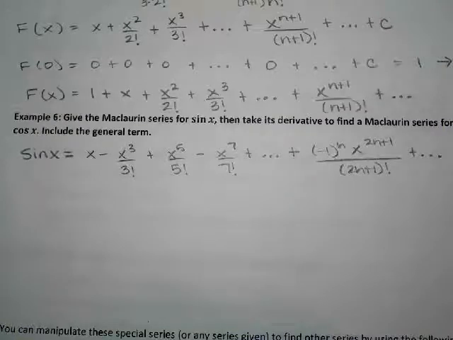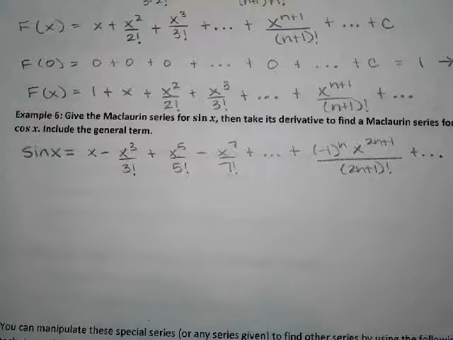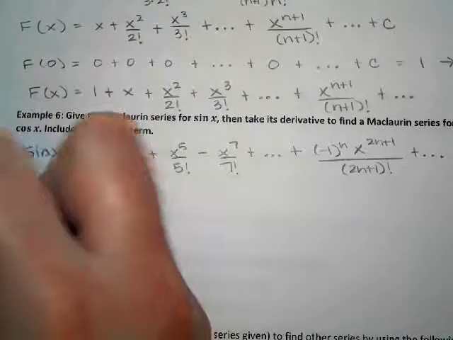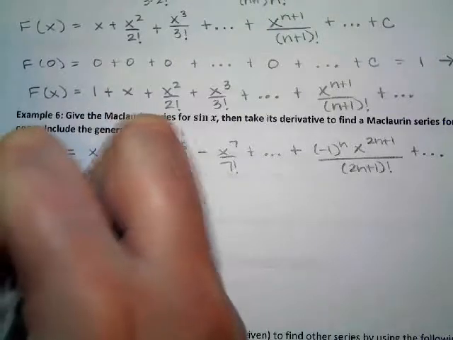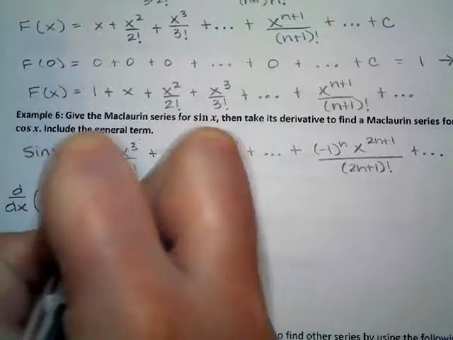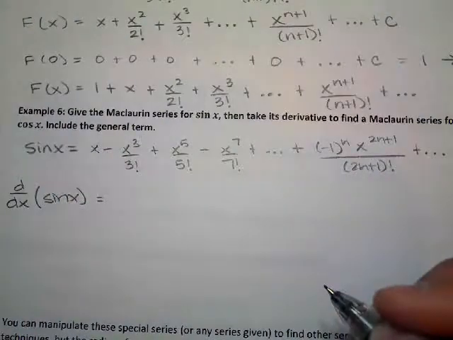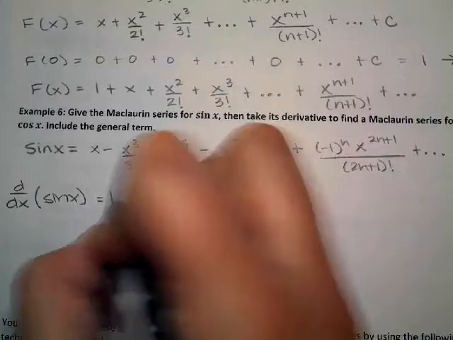Okay, so we're going to do d dx of sine x. So what's the derivative of x? 1. Okay. How do we find the derivative of x to the third over 3 factorial?